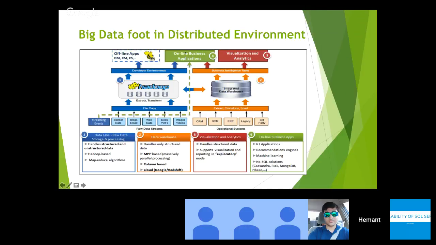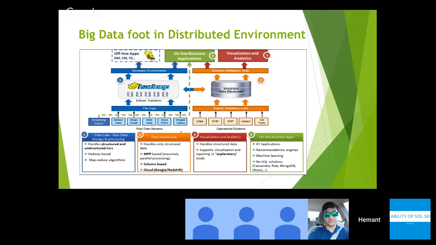So that real-time processing is happening right here, which then goes into the warehouse for the visualization. And it's also showing how the data warehouse takes data from other legacy systems to process. So yeah, this is a very good slide to at least give you the big picture of what the big data space is in a real-world scenario.